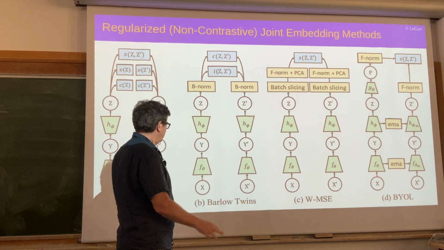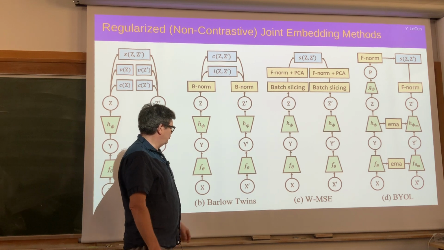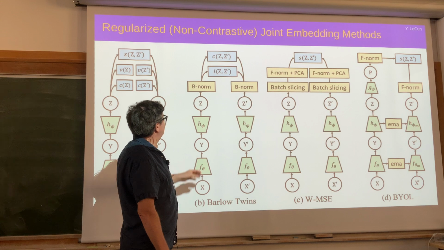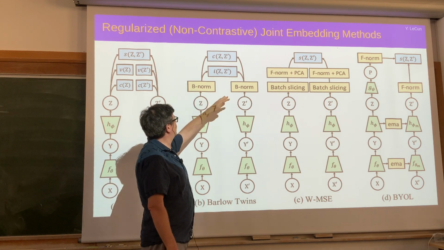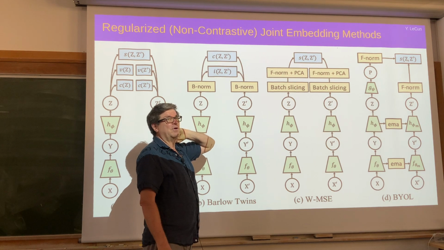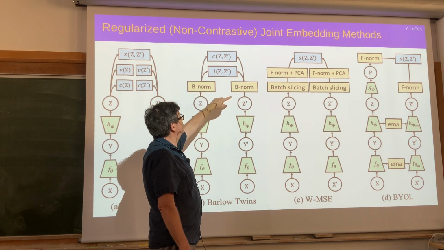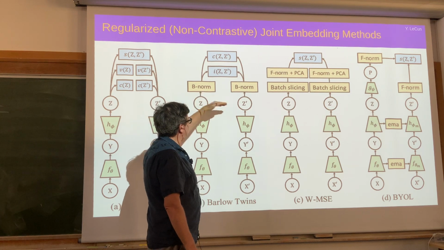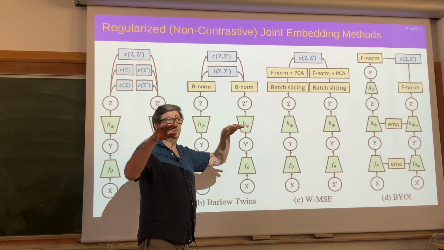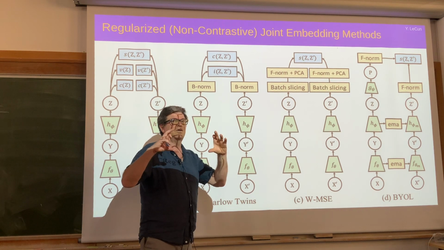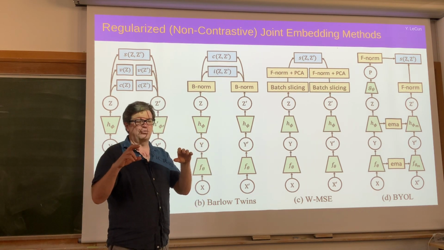some of which I do not mention here, but one of them that came out of my group at FAIR is called Barlow Twins, which basically tries to maximize the mutual information between the two representations using a measure of cross-correlation between the two vectors. So you take the sequence of vectors coming out of those two networks, which have to be shared, more or less. They don't have to, but it's better if they do.